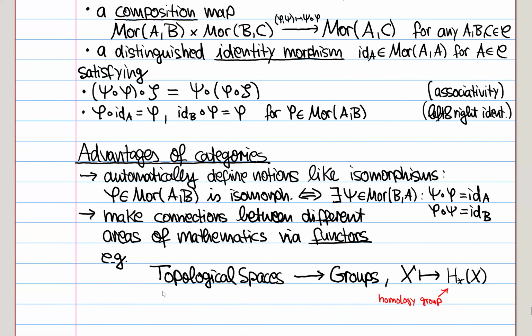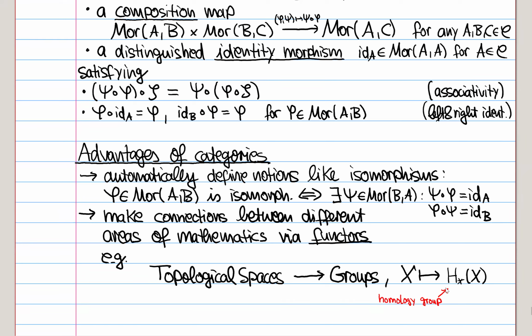But to give an example, if you have seen some lecture like algebraic topology, or maybe you did this in a topology lecture, what you can do is take the category of topological spaces with continuous maps. And there's a functor to the category of groups with group homomorphisms, which takes the topological space X and sends it to the homology group H_*(X).